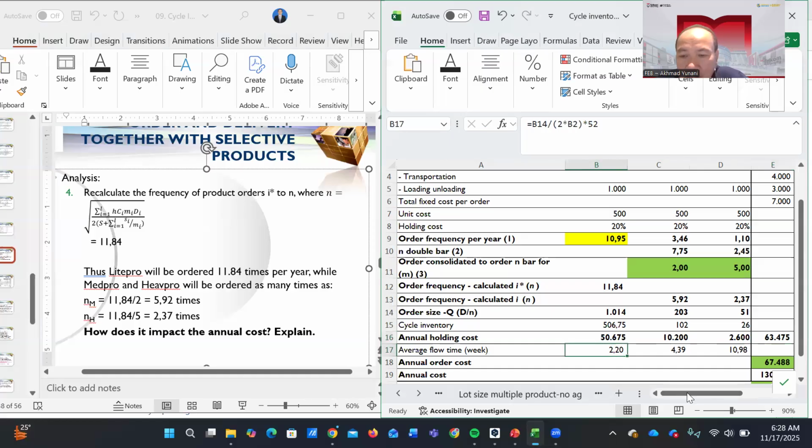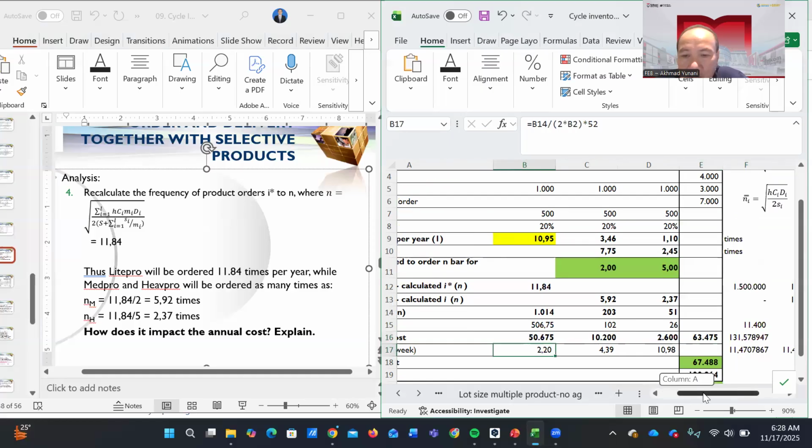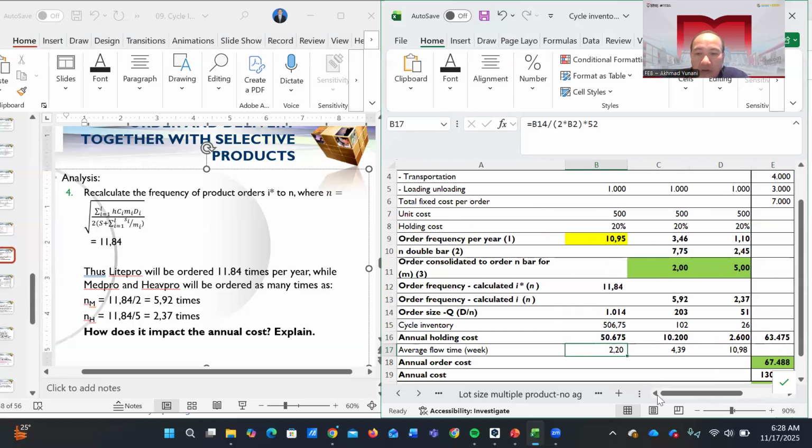Okay, and then lastly we calculate the annual order cost.